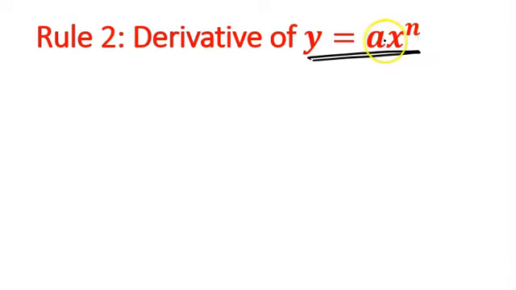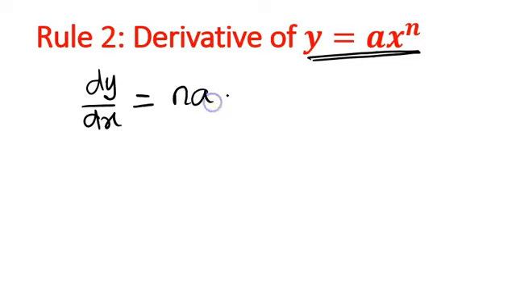Let's move on to the second rule, which is the derivative of a function of this form, where you have a constant multiplying the independent variable. In that case, the same rule, dy dx becomes, you bring the power forward, so n times the constant, and then you reduce the power of the independent variable by 1. It's very simple.